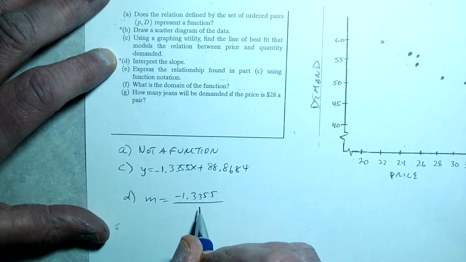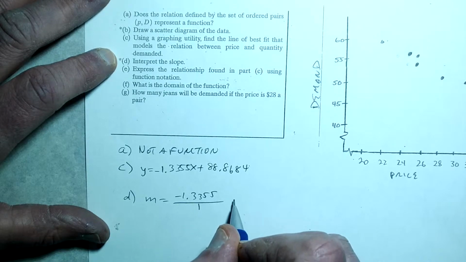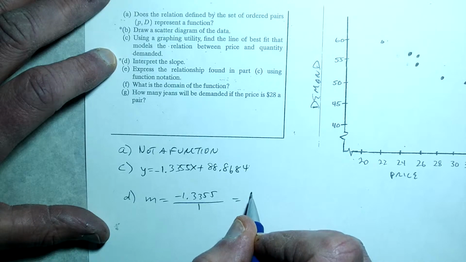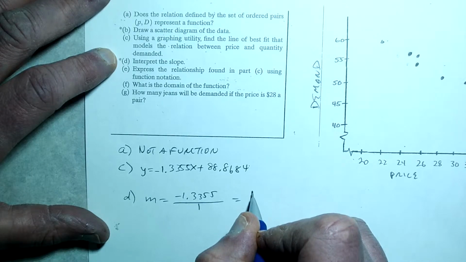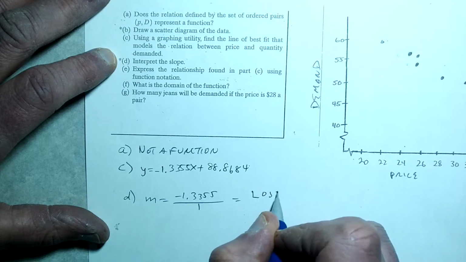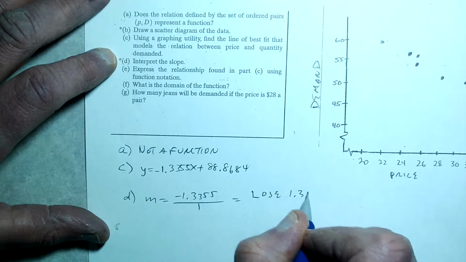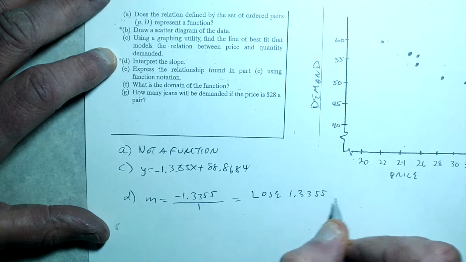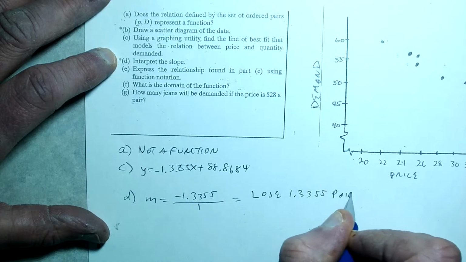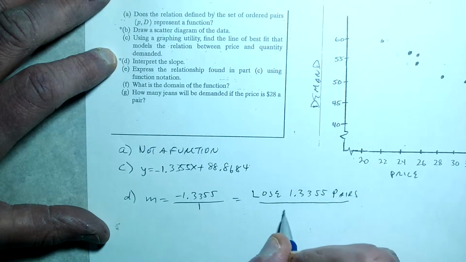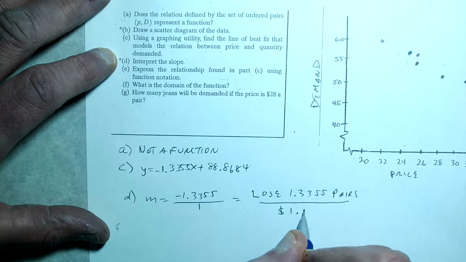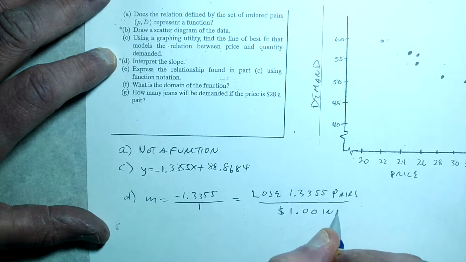If I created a fraction to be per 1, so what this really is I have a loss in demand, okay? So I'm going to go ahead and have, I lose 1.3355 pairs of jeans in sales for every $1 increase in price.